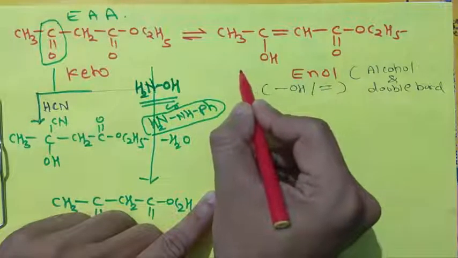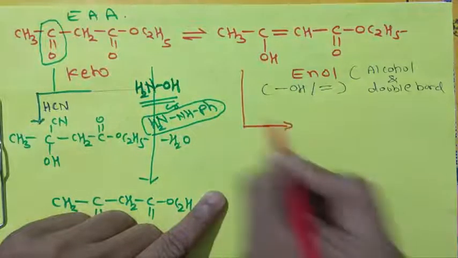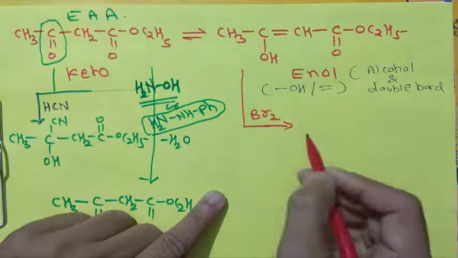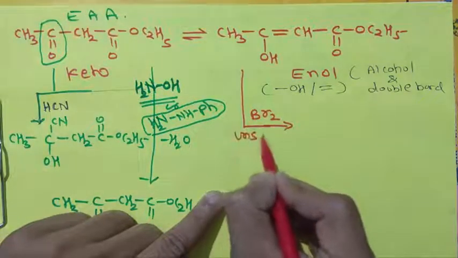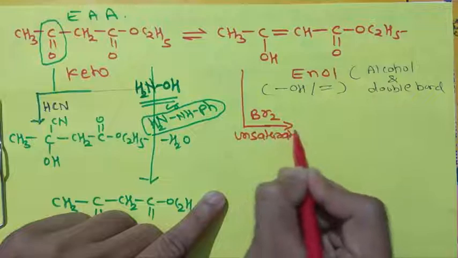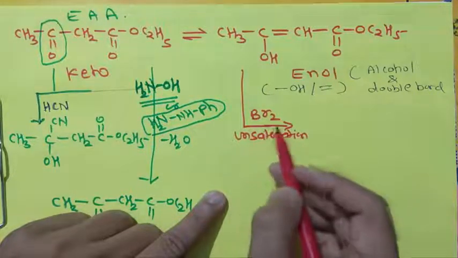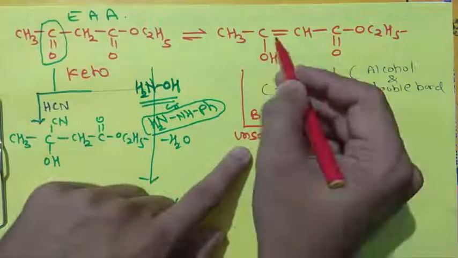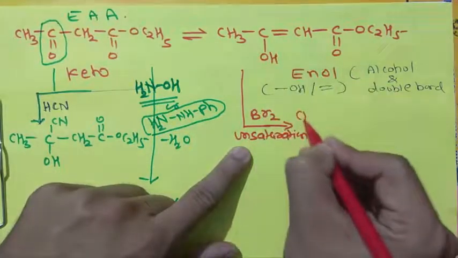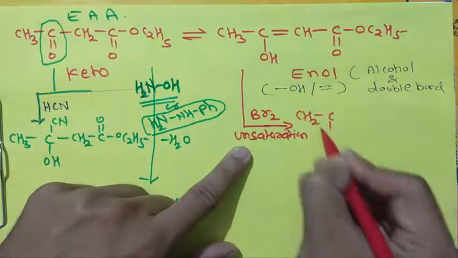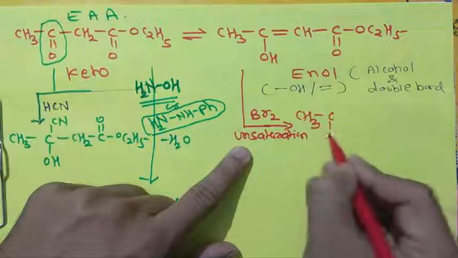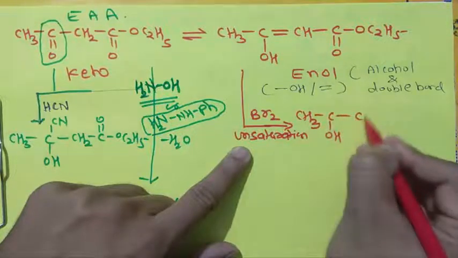This enol form is also reacted with bromine. That is the test for unsaturation. The bromine can be added on the carbon-carbon double bond. What happens here? CH2, again CH3, COH, CH.